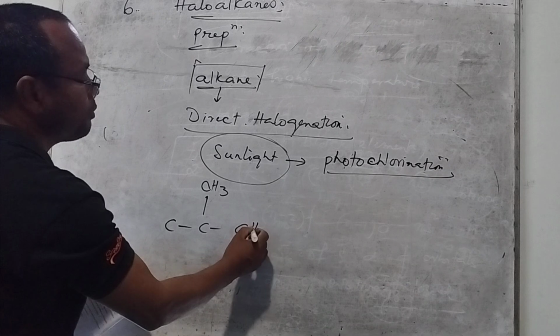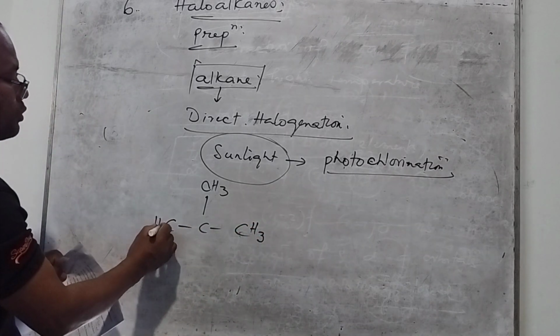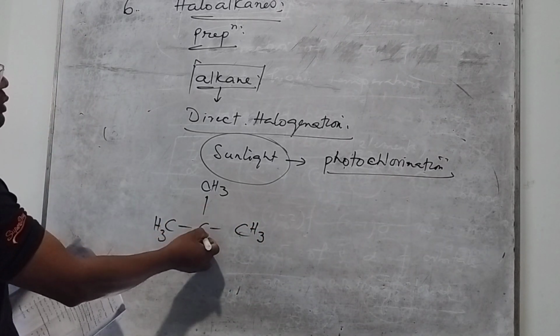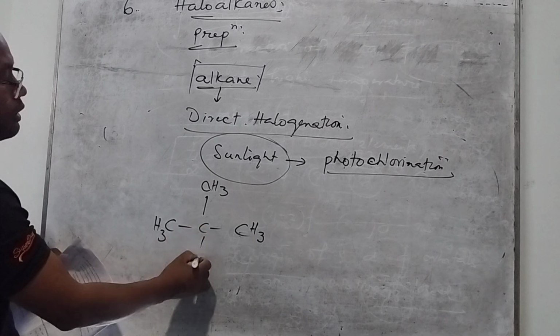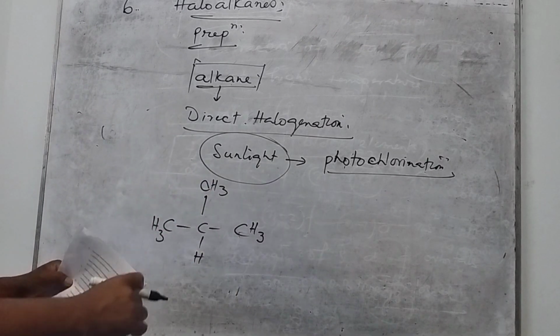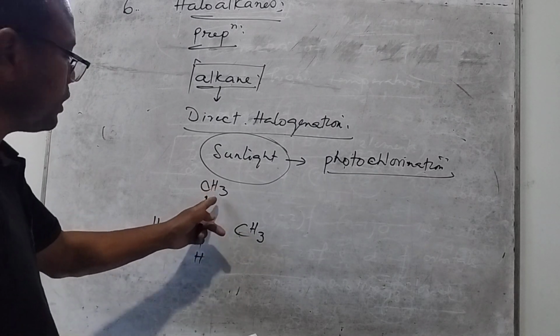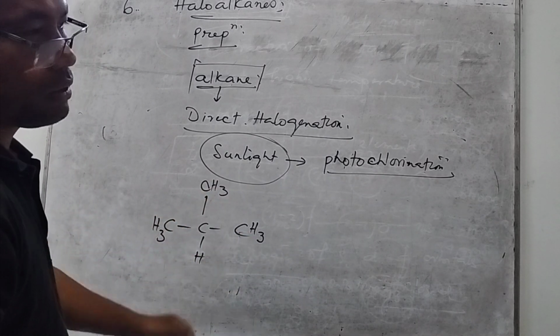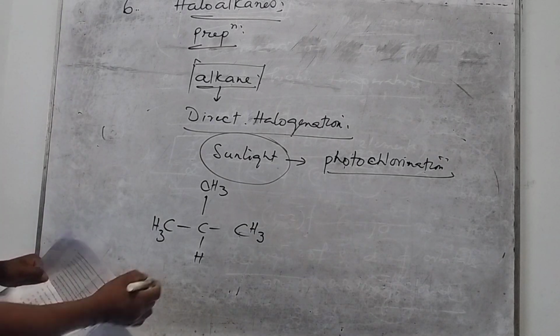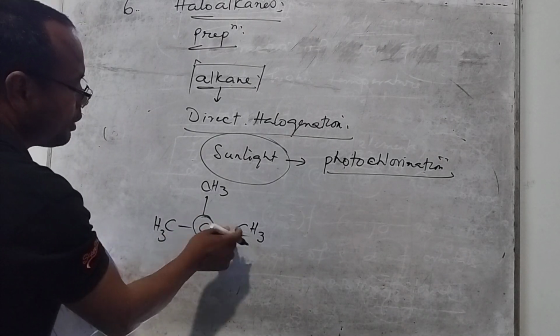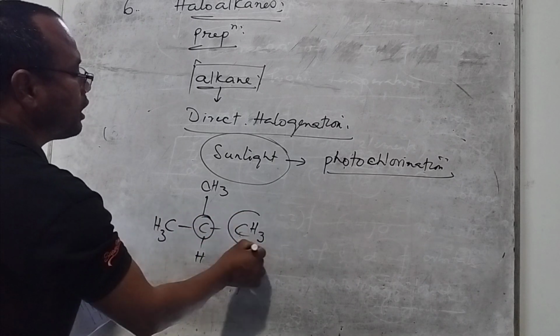How many hydrogens will be here? 3 hydrogens. Here also 3 hydrogens. In order to satisfy the 4 bonds, 1 hydrogen should be right here. See, how many hydrogens here? 3 hydrogens. Here also 3 hydrogens, 3 hydrogens, and this 1 hydrogen here. At this carbon, how many carbons are bonded? 3 carbons.